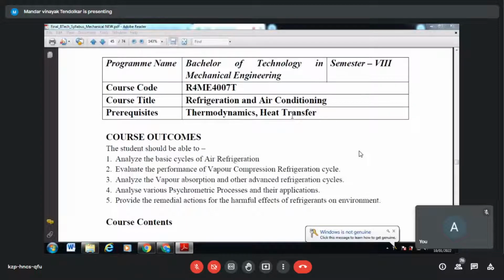Refrigeration is directly applicable, that means you are extracting the heat from the substance itself. Air conditioning is applicable, as the name says, to the air only. So always remember that when you change the properties of the air, in brackets psychrometry, air conditioning is psychrometry.